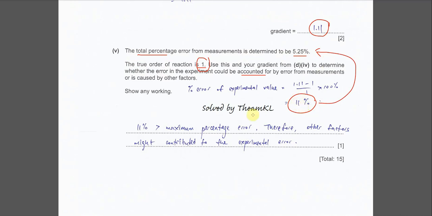Therefore we know that other factors might contribute to the experimental error, not just this one. What are the others? We need to identify them. So that's all for this question. Thank you.